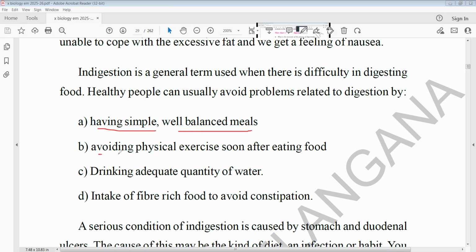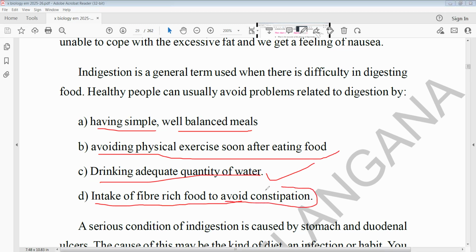Don't do physical exercise immediately after eating. Only in the morning and evening should we do physical activities. If you exercise immediately after eating, you will vomit. Next, we have to drink sufficient water for proper digestion, and also take fiber-rich food and not spicy food, to avoid constipation.